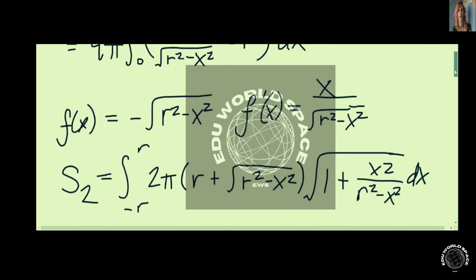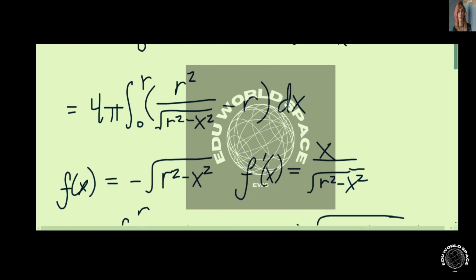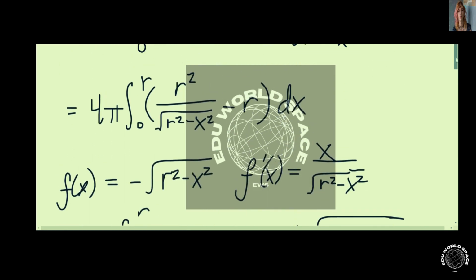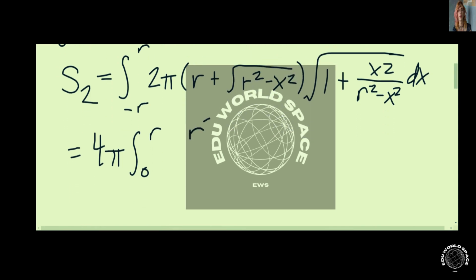So we'll get the same thing as in S1, we get 4 pi times the integral from 0 to r of r squared over the square root of r squared minus x squared, and then we'll have a plus r dx.